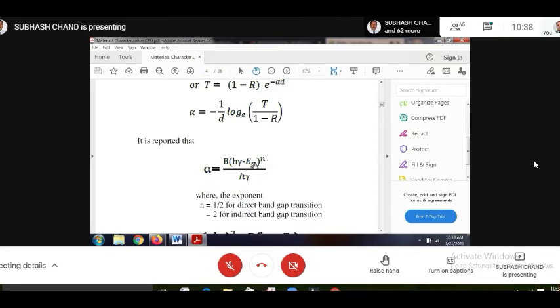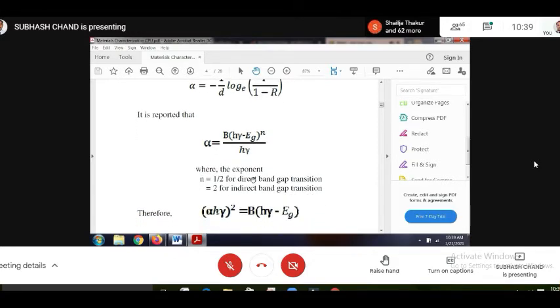Okay, ये semiconductor band gap है, तो semiconductor solids के लिए जो ये एनालिसिस किया गया है उसमें एक फैक्टर है n. n एक्सपोनेंट कांस्टेंट है और इसकी वैल्यू होती है हाफ फॉर द डायरेक्ट बैंड गैप सेमीकंडक्टर एंड 2 फॉर द इनडायरेक्ट बैंड गैप. ओके, तो इसको जब अगर हम डायरेक्ट बैंड गैप के लिए हाफ रखेंगे, देन फर्दर यू सिंप्लीफाई, टेक h nu here, so you will get alpha h nu square equal to this.